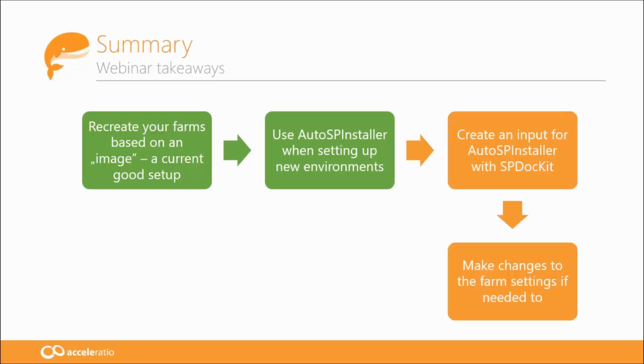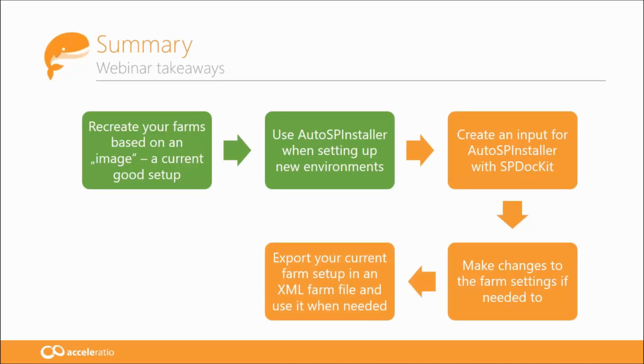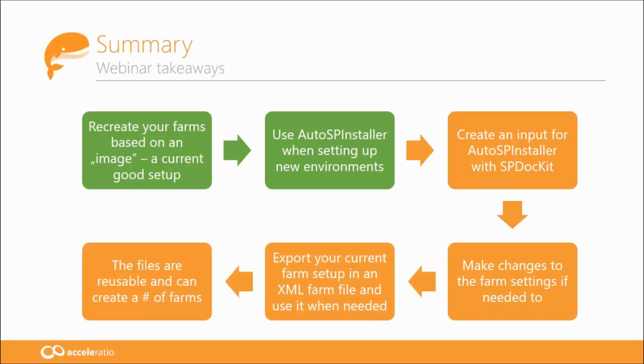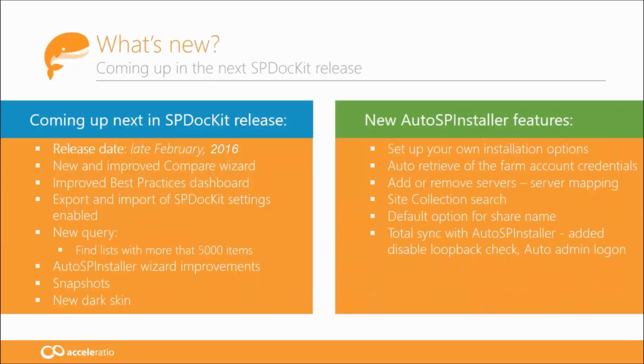You can make minor changes to your XML file, export it to AutoSPInstaller, and easily provision a number of different farms in your environment, recreate the same developer setup, or copy the production farm to your developer farm or to your test farm. So it's very easy to copy the configuration of an existing farm into a new farm.